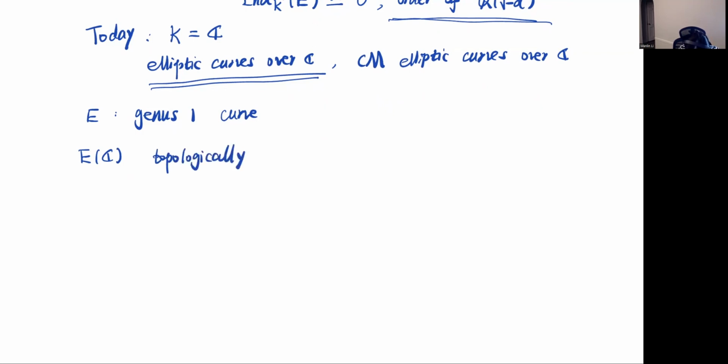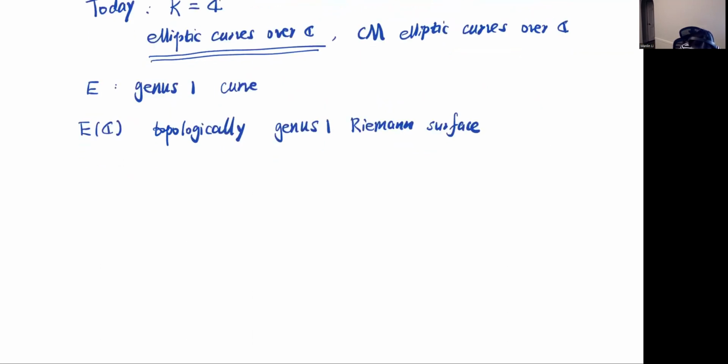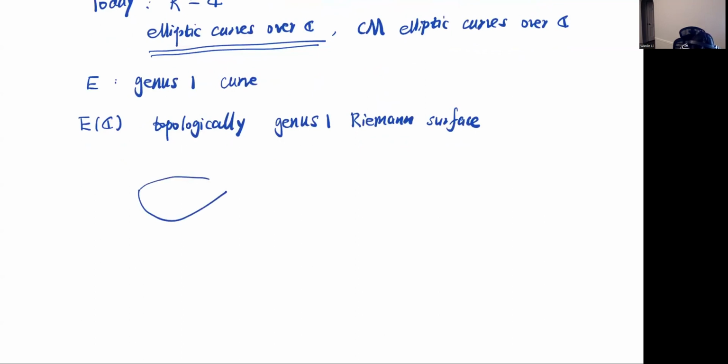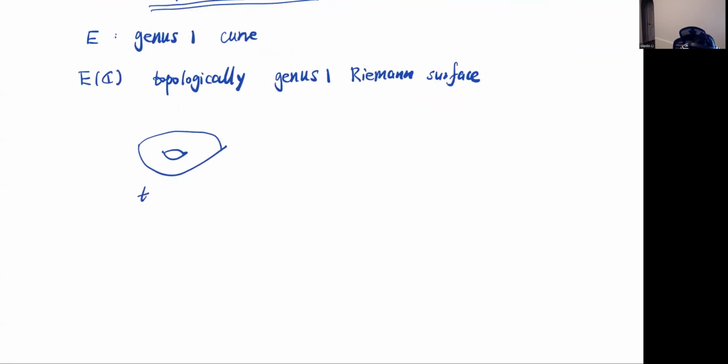Topologically, it is a genus one Riemann surface, which we can also think of as literally just a torus T.